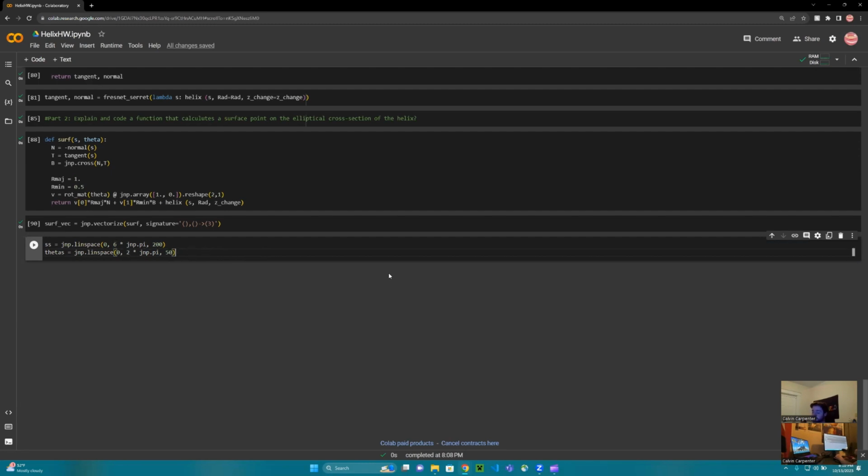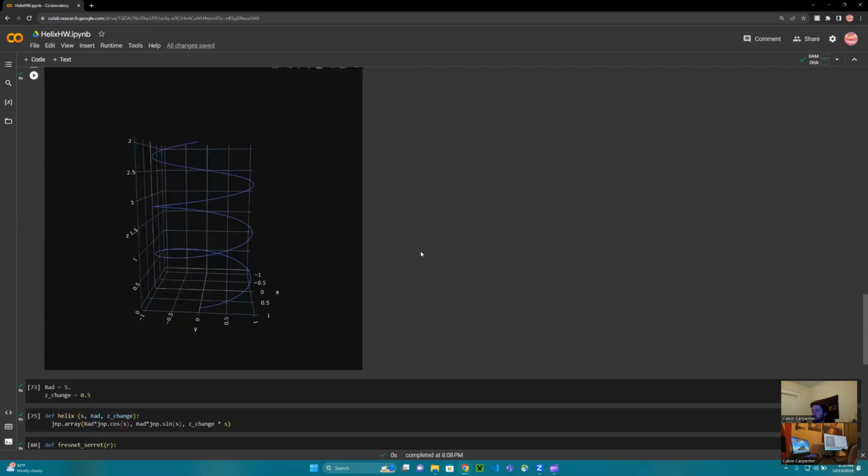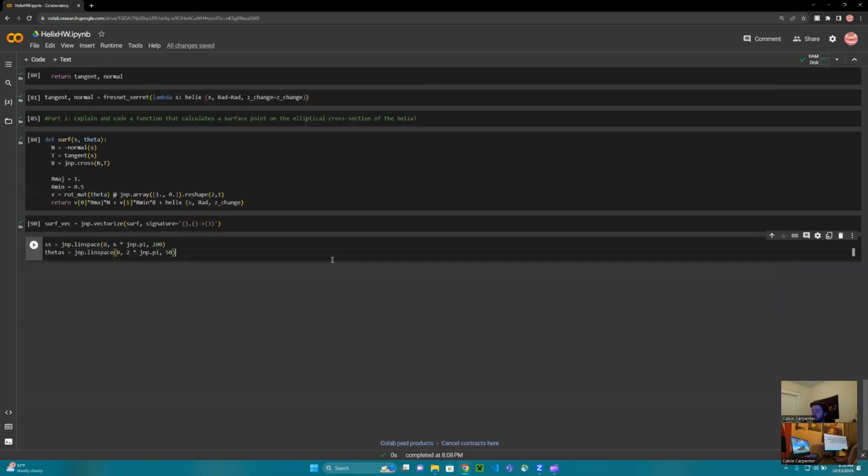What this is going to do, this tells us our amount of circles, or ellipses, going around our helix, and then the amount of vector cross sections that we're going to have, or just, I guess, points of interest.